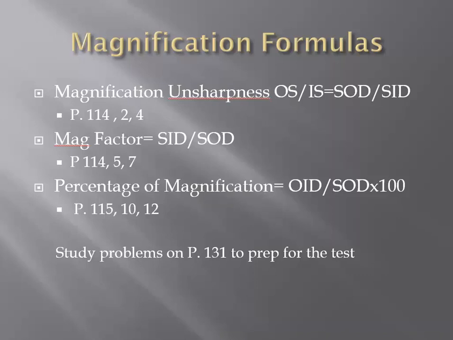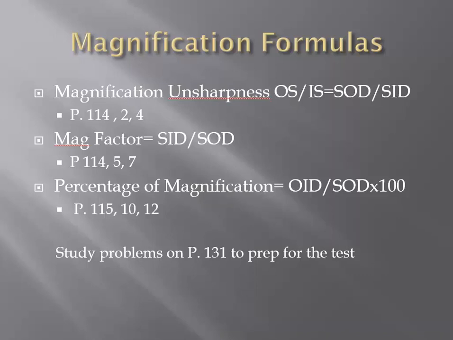Again, if you worked it with the magnification factor, SID over SOD, you should get the exact same thing. In that case, it would be 48 over 44, which is 1.09, and if you multiply that by your original object size, 8, your overall size again would be 8.72.